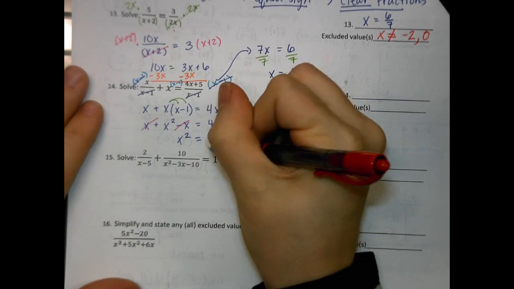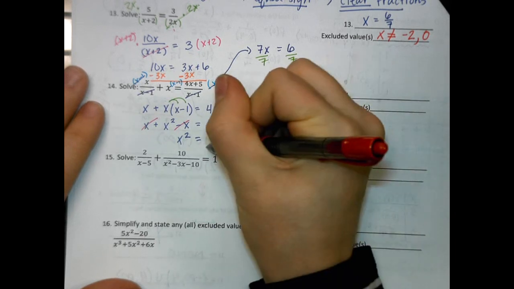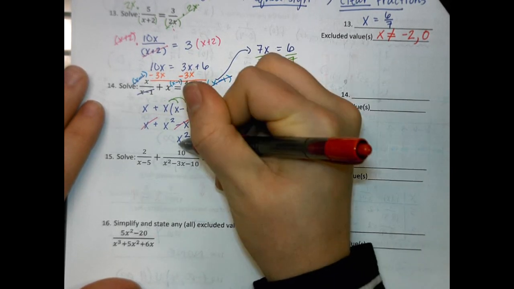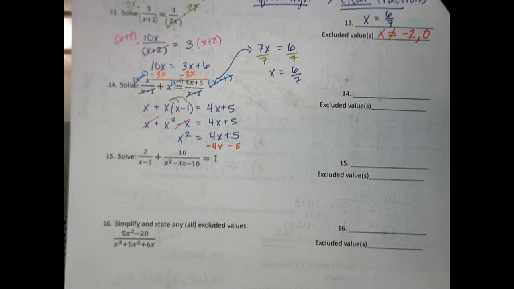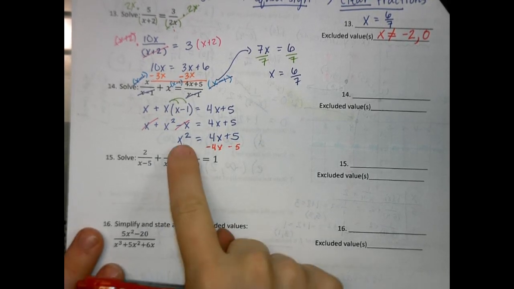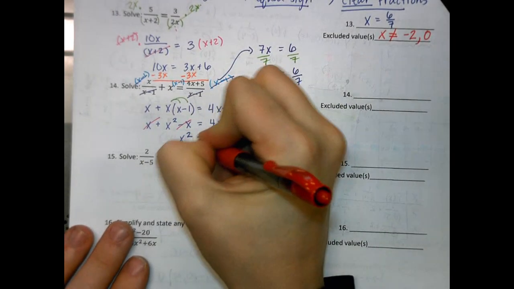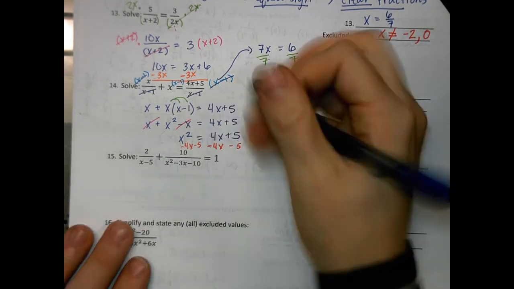So I heard subtract x squared. We can do that. I also heard subtract the right side to the left. Now, why would I want to subtract the right side to the left and move 2 terms instead of just moving 1 term? Your x squared term would stay positive, which tends to be an easier path to take. But if you like the challenge, then go the other way.